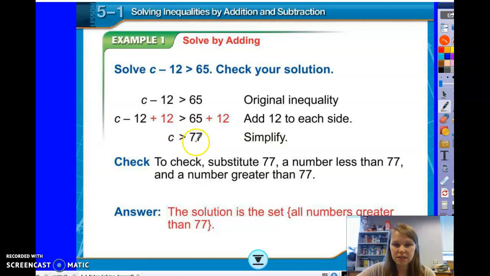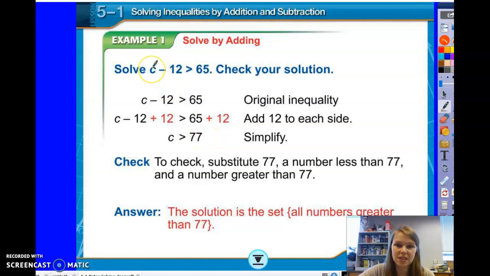So if we plug this in, it says here to check by substituting a number, so we'll substitute 77, a number less than 77, and a number greater than 77 in order to figure out if this works. So if C is greater than 77, let's say 78.